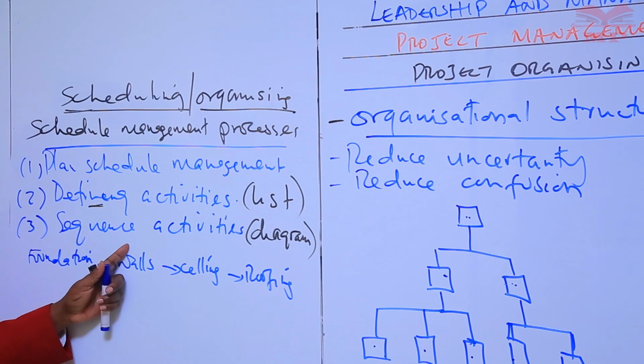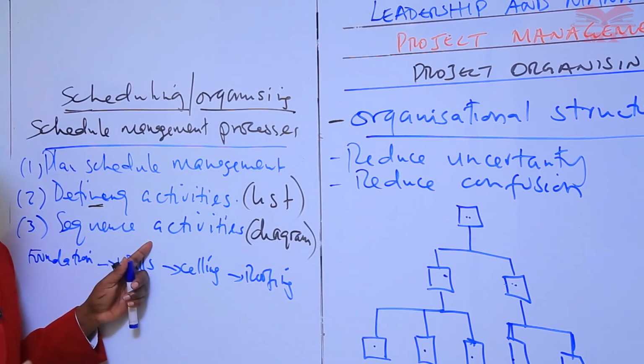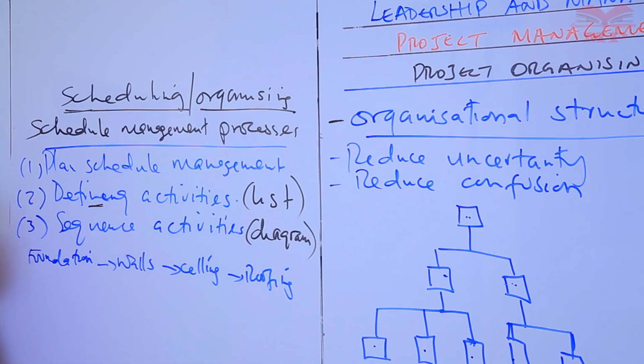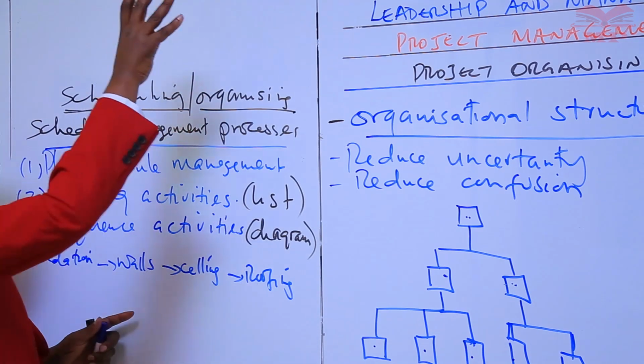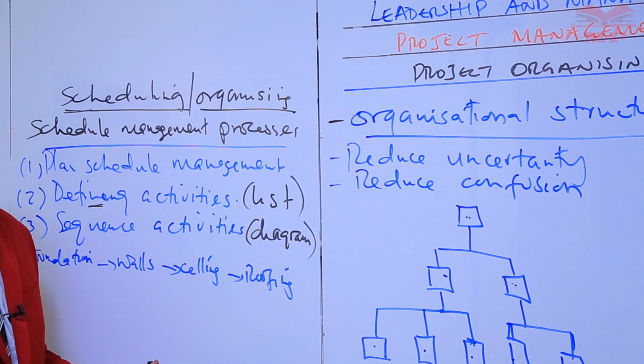Okay? You then come up with what we call a network diagram. A project schedule network diagram. Candidates, it is just a graphical representation of the logical relationships of the listed activities. So first of all, you draw all the activities, then you come up with a diagram showing the logical relationships of the activities.